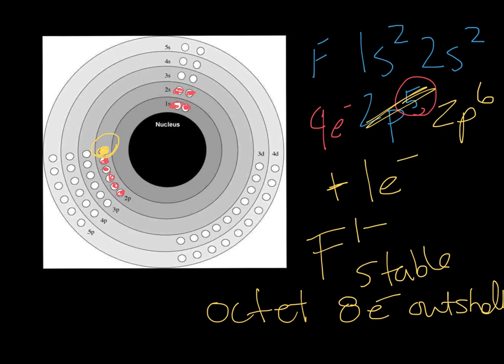Remember, fluorine is in group 17. And of group 17, we look at that 7, and we know that it has, like we just said, a total of 7 valence electrons. So fluorine, for its Lewis structure, would look like this. 1, 2, 3, 4, 5, 6, 7.